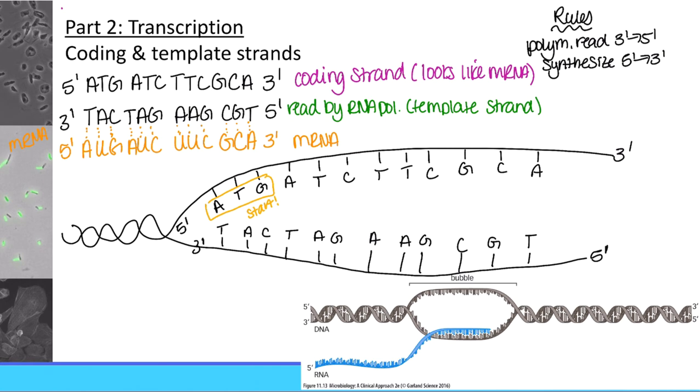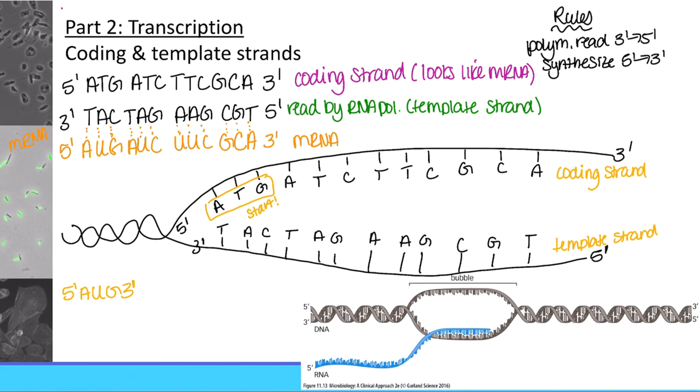For our mRNA, we would have an AUG. So whenever you find the start, or what will be the start codon in mRNA, that automatically tells you that this is the coding strand, which tells you that the bottom strand has to be the template strand.